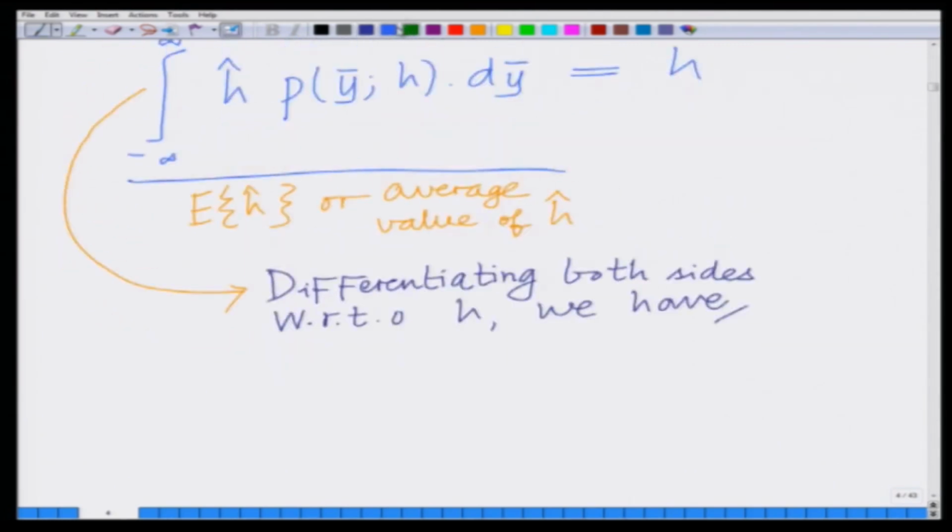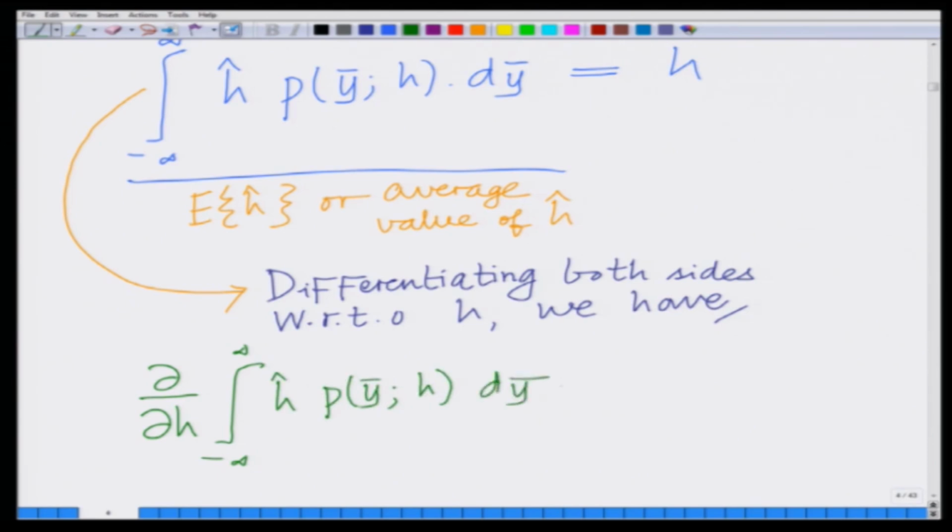What we have is dou by dou h, the partial with respect to h, of the integral from minus infinity to infinity of h hat p of y bar parameterized by h dy bar, and differentiating on the right, what we have is dou by dou h of h, but the derivative of h with respect to h equals 1.